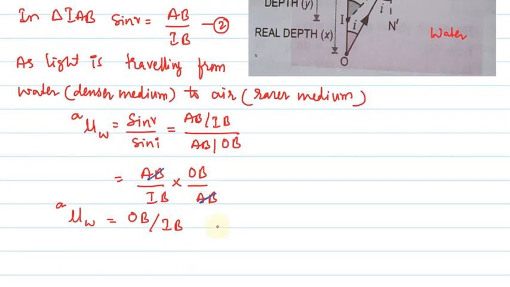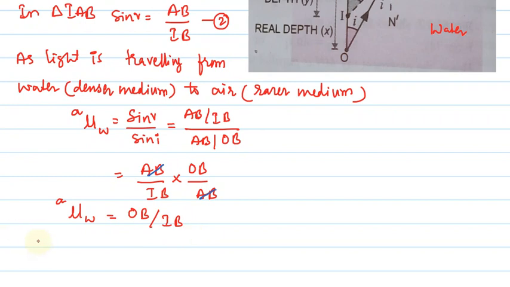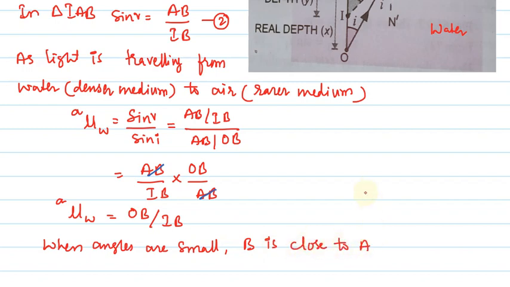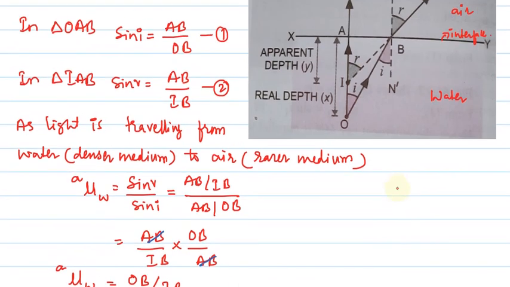Let us consider these angles are small. When angles are small, B is close to A. So we can see this point in the ray diagram.